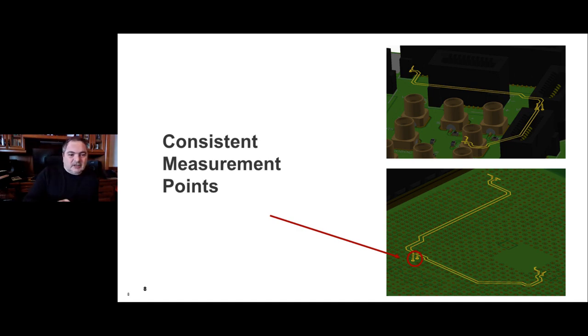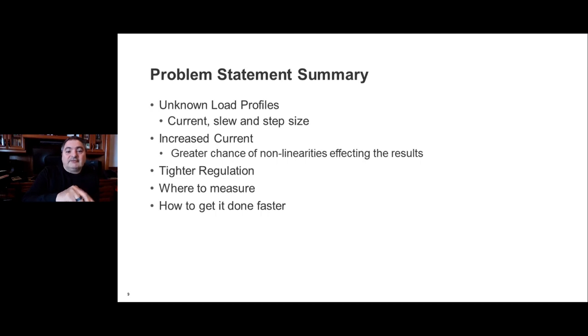So I'm just going to review the problem statement. Unknown load profiles, increased current, and I guess with increased current is the need for more phases. More phases is more non-linearities. If you think about it, as phases are added from the power management solution, they're further and further away from the actual device you're powering.